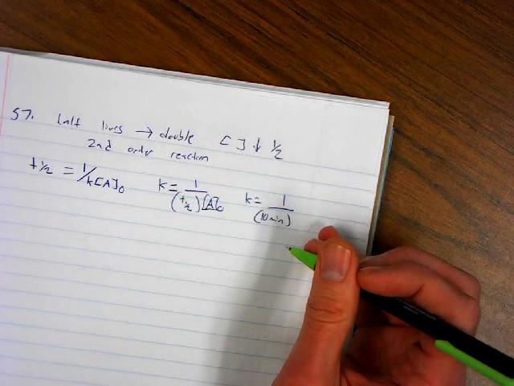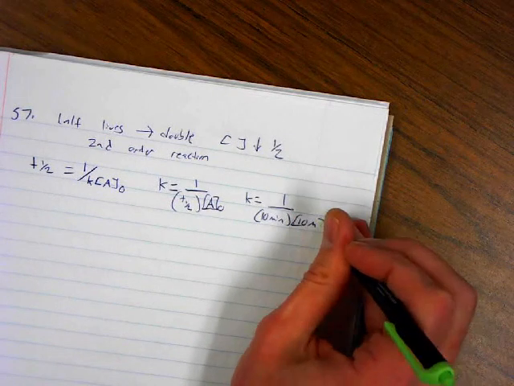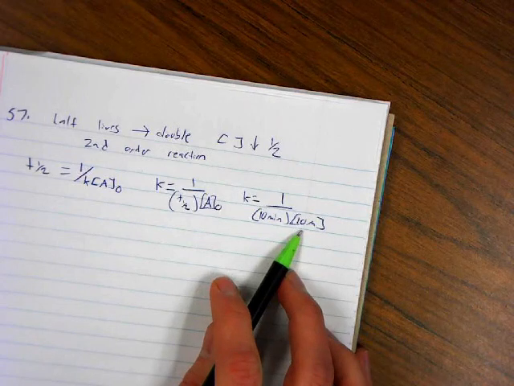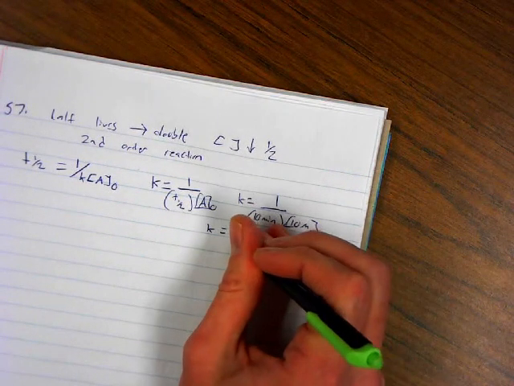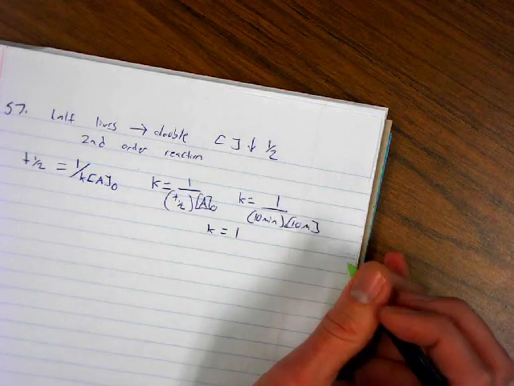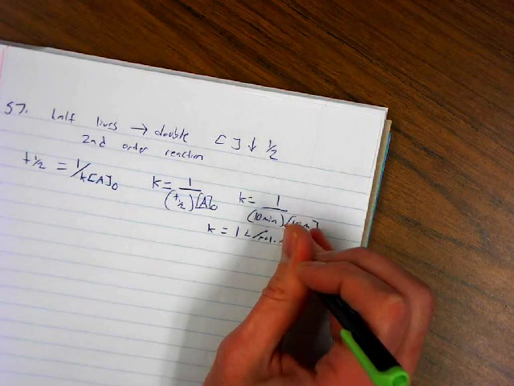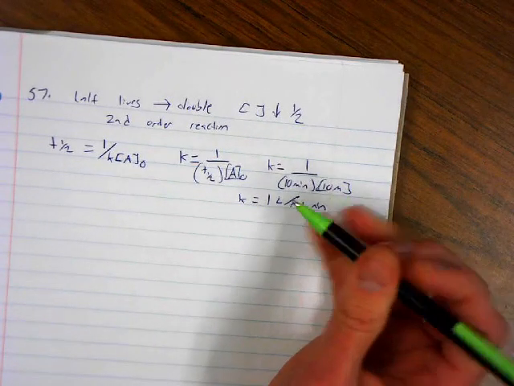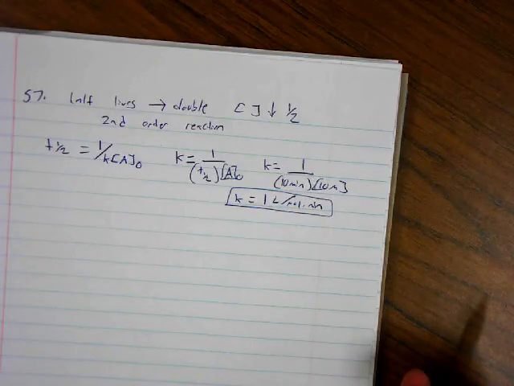What was my initial concentration on 57? 0.10 molar. 10 times 0.1 is 1, and 1 divided by 1 is 1. So K is equal to 1 liter per mole times minutes. You have to get your units right. That is your K for 57.